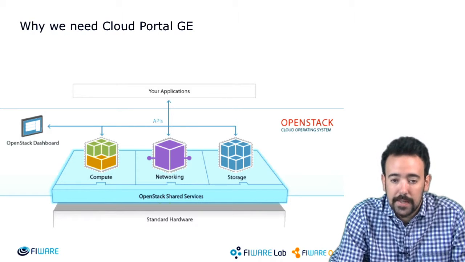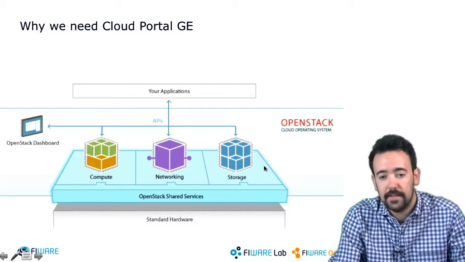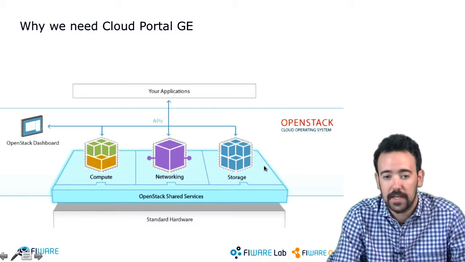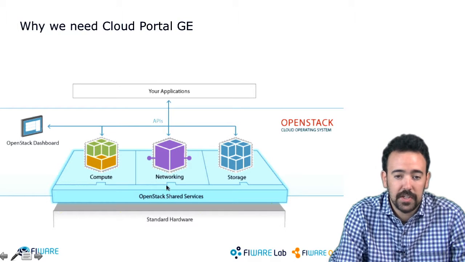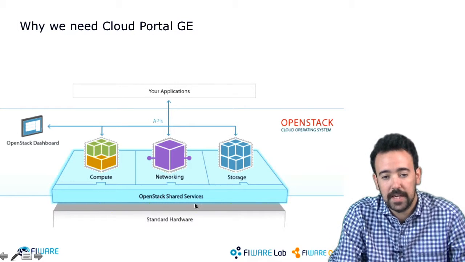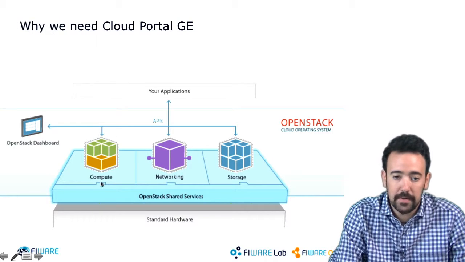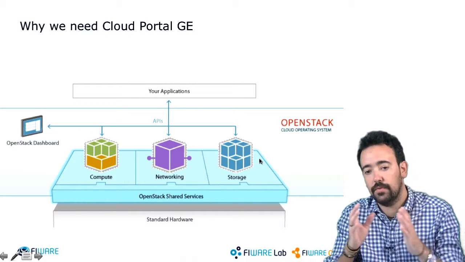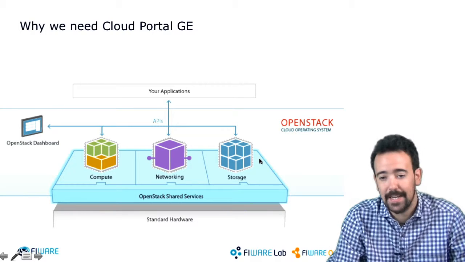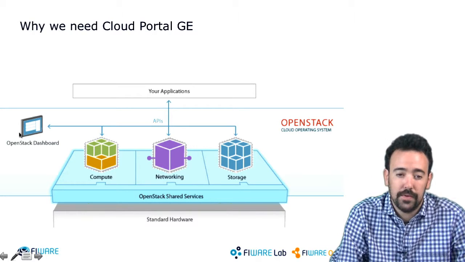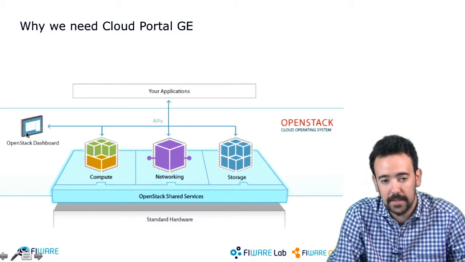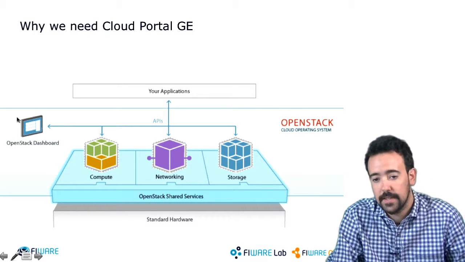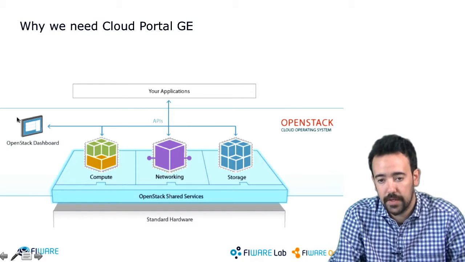So this is the architecture that OpenStack provides in its documentation, and as you can see, basically the environment is based on a set of services that can be accessed using a dashboard that OpenStack also provides. That is the OpenStack dashboard, called the Horizon project.